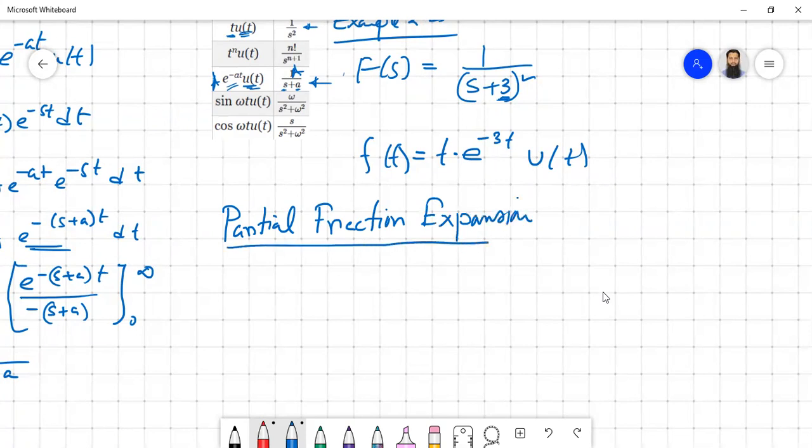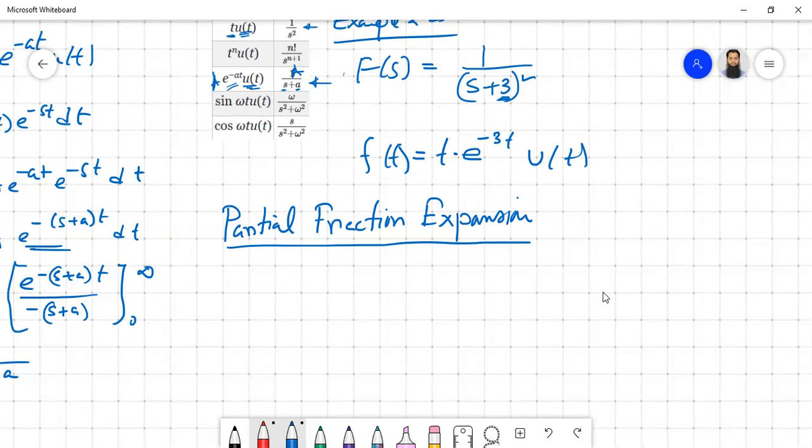So we are going to discuss 3 different cases here. Actually, if your function is a complicated one, it's difficult to use Laplace transformation or inverse Laplace transformation. So if you have a complicated function, you need to convert it to a sum of simpler or smaller terms.